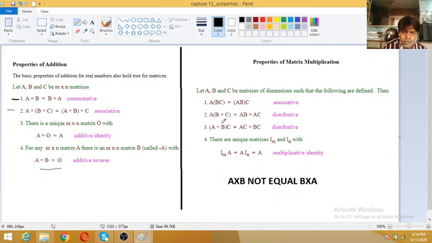Also it follows the distributive rule, that is if you add b plus c, the two matrices, and then multiply by a, it is as good as multiplying ab and ac and then adding them together. Also, if you multiply a unit matrix to a given matrix, you get the matrix back. Unit matrix, that is the diagonal is having 1, other numbers are 0.